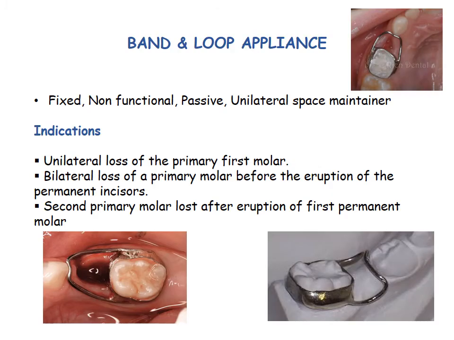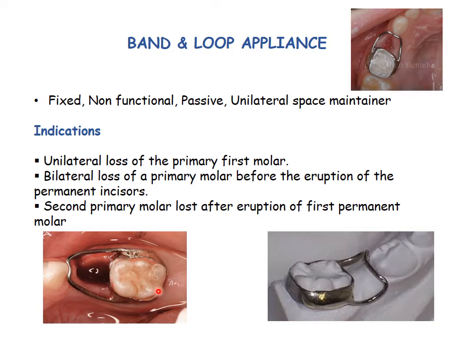So first we move on to the band and loop space maintainers. As you can see in the picture itself, that is banding of the tooth and a loop is prepared. It's a fixed type of space maintainer as it is cemented to the tooth surface. Then it's non-functional because we do not have any replacement of the missing teeth.